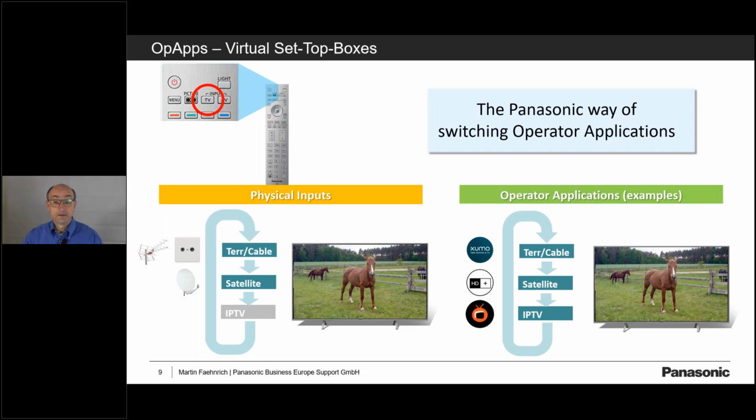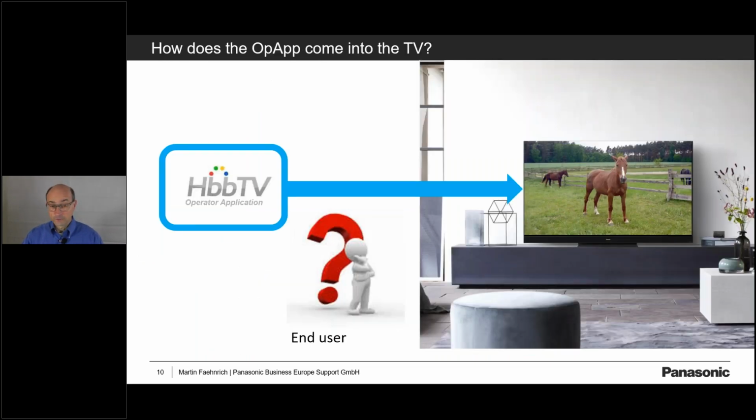So also we can perfectly have here a very good consumer-friendly integration. Now, also, how does the OpApp come into the TV? We have heard quite detailed and saw the installation process. Also quickly here from Zattoo, how this finally works.